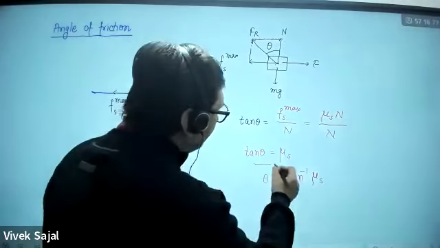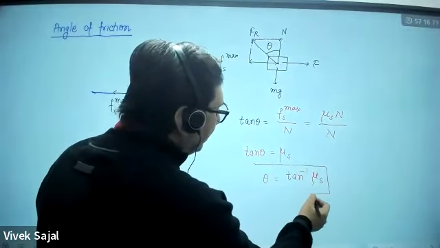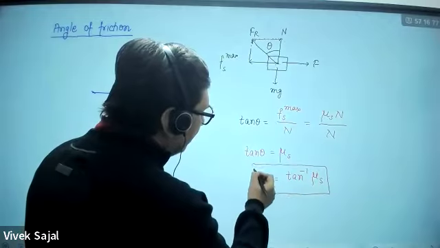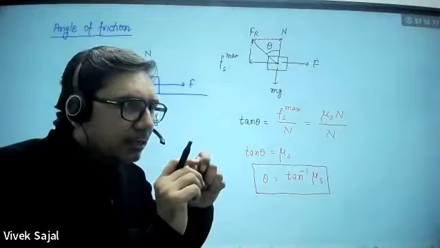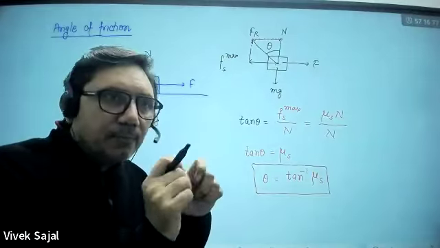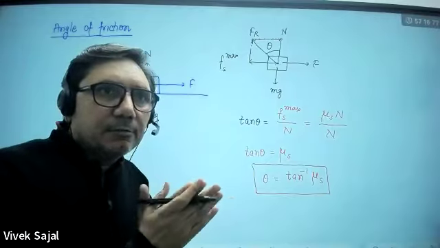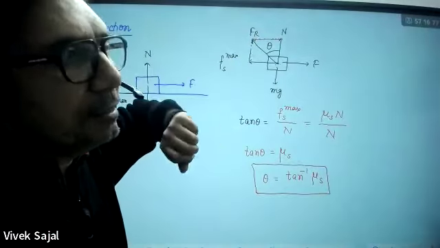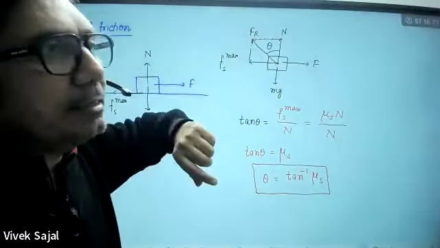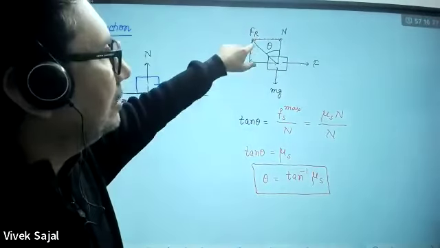So the angle of friction is very useful. Many times you use this in questions, wherever the block is just ready to move, then this Fs max comes into the picture. In which direction the net reaction force is acting is important.